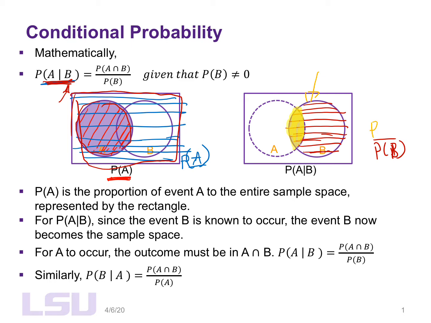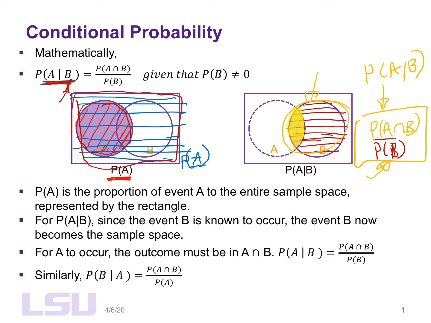And what's that? It's probability of A intersection B, right? The highlighted part is where A intersects B. That's what is left of A, and you divide it by probability of B. So this is precisely what P of A given B is. The given B shrinks what you're dividing by.